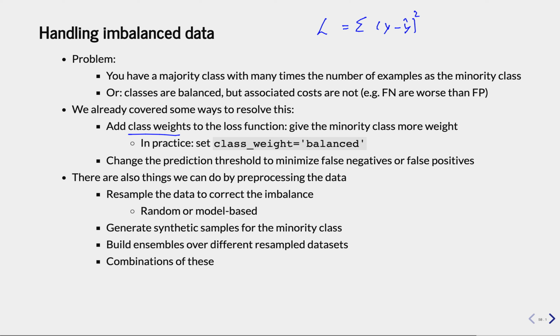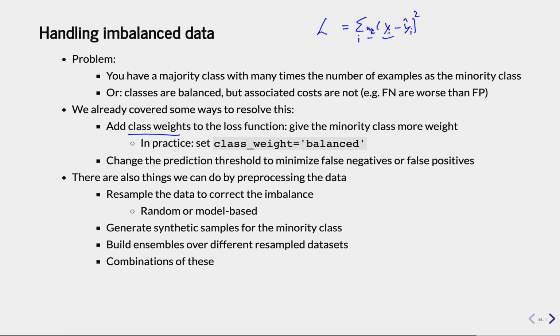Just a simple one. And we could add a weight for each class, a class weight, so that if this error corresponds to the majority class, it has a smaller weight in the loss function, and if this point i is about the minority class, we can give a higher weight to this loss, right?